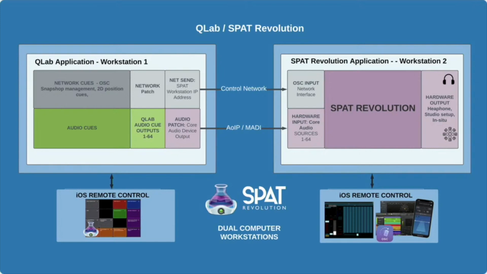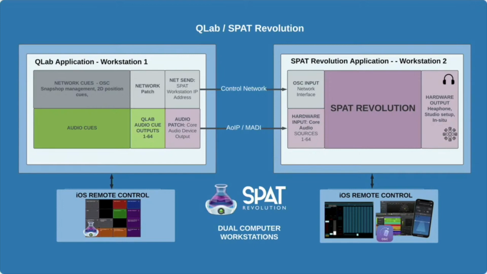Now we're back to Core Audio in this particular case, Core Audio of the computer, the audio driver, or the audio interface, talking to a separate computer. And now that can obviously expand. We can have 2 playbacks, 2 SPAT Revolutions, main and backup, a complete redundant system in a live production, a theatrical production, where obviously, failure is not an option.